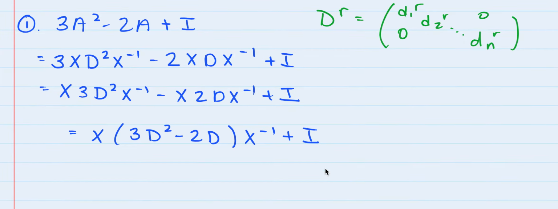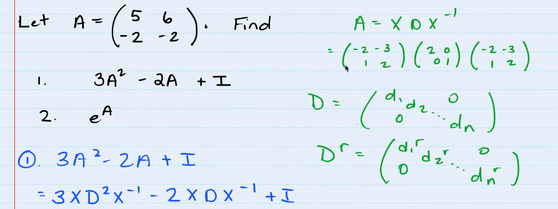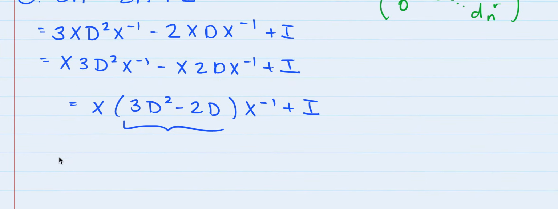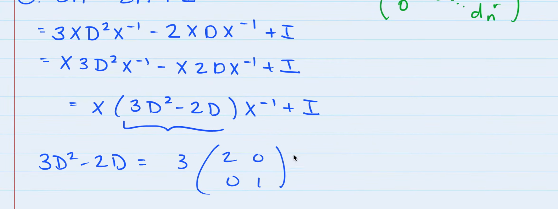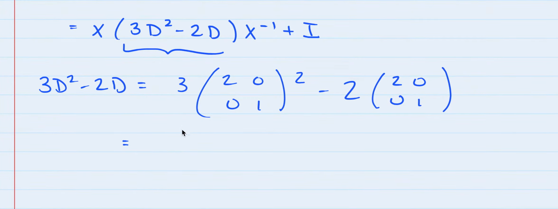Okay, so what can I do from here? Well, we know that D is given by this. So I'm going to take this matrix 2, 0, 0, 1 and use that to figure out this piece. So 3D squared minus 2D is 3 times 2, 0, 0, 1 squared minus 2 times 2, 0, 0, 1. Notice that I can bring all of this into one matrix.